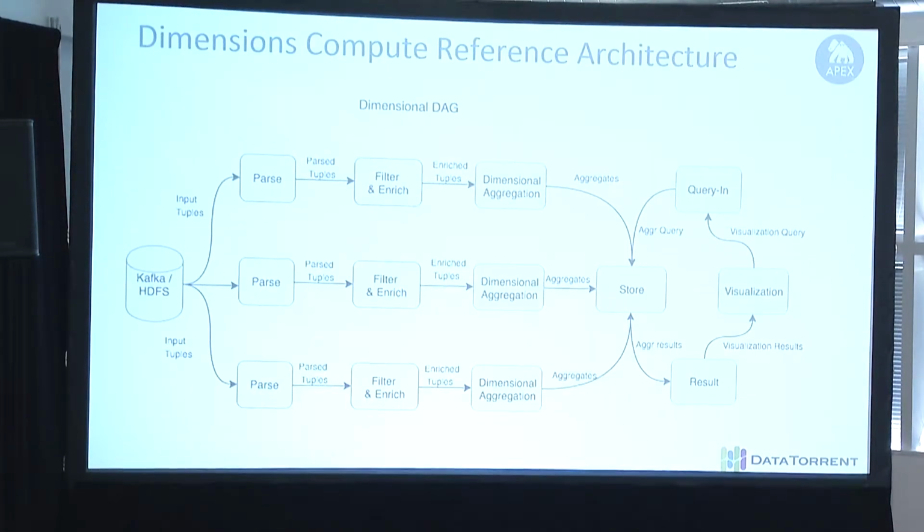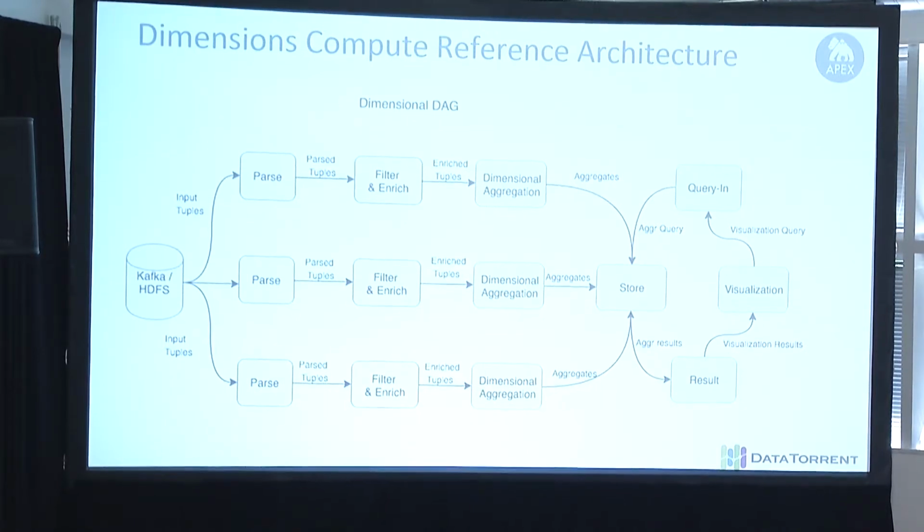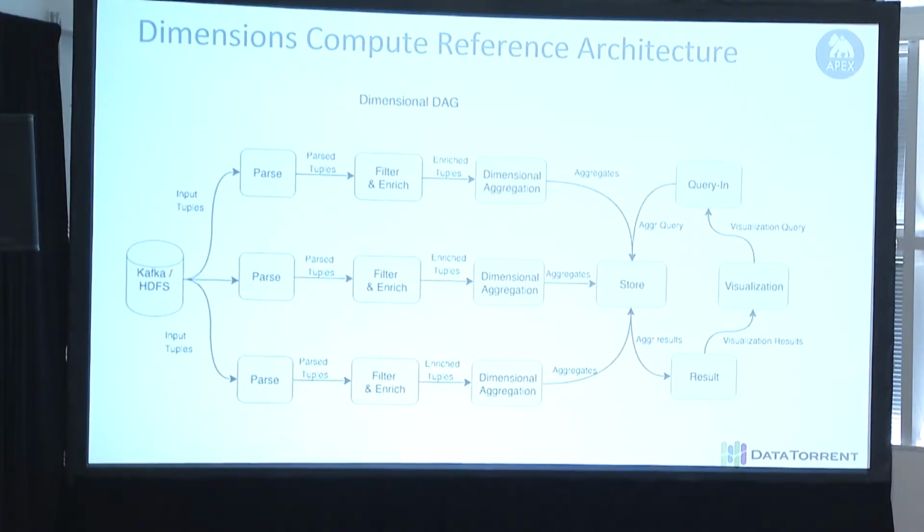All right, so let's take a sample that people are using more often than not, which is AdTech dimensional compute. In this particular case, we're reading a bunch of data from Kafka. It could be a single Kafka broker. It could be multiple brokers. It could also be multiple Kafka distributions or multiple data centers on which Kafka is situated, essentially different clusters of Kafka.